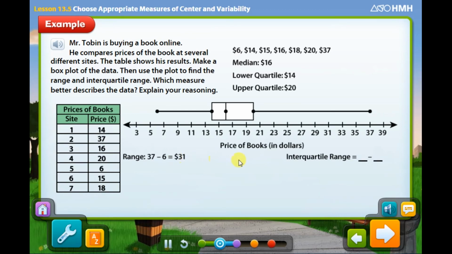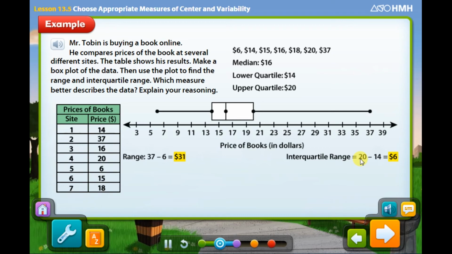The interquartile range is the difference between the upper quartile and the lower quartile. What is 20 minus 14? It should be 6. The difference is 6, so the interquartile range is $6.